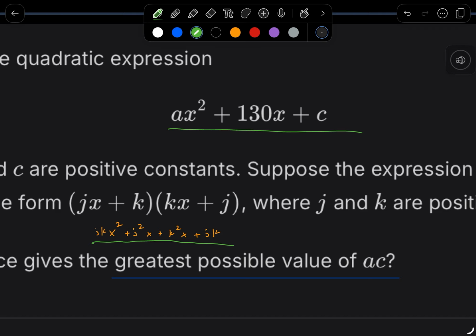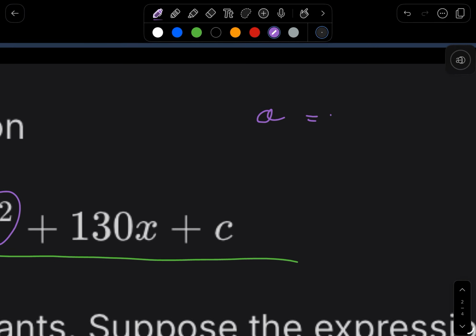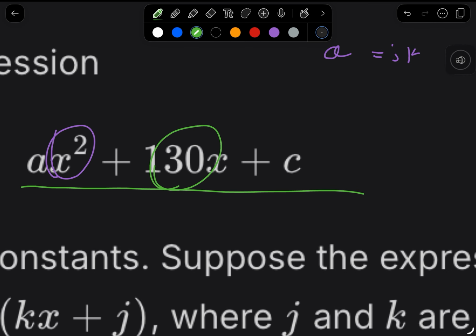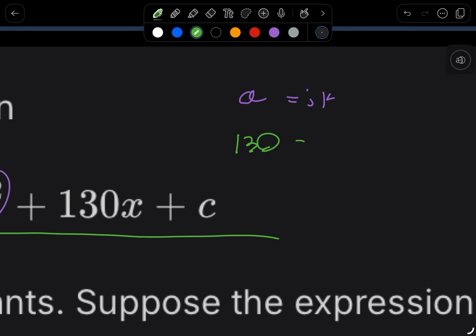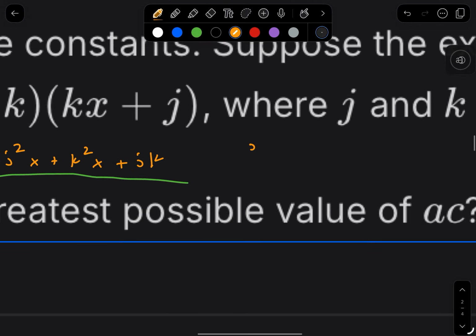So what I would do next is match the coefficients of the like terms. What do I mean by that? Well, the x squared term here has an a, whereas the x squared term here has a jk. So you can set those equal to each other. And then you can do the same thing for the other terms. The x term here has a 130, whereas the x term here has j squared x plus k squared x.